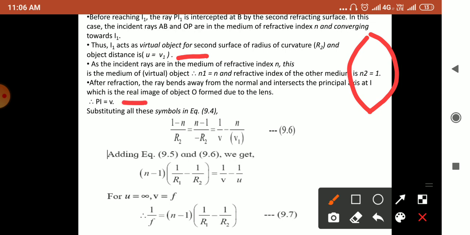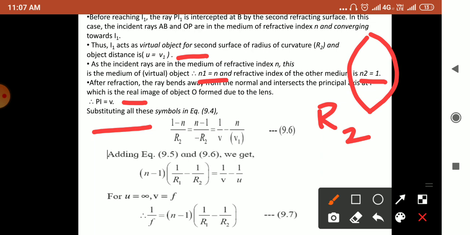So by substituting all these symbols, that is n1 equal to n, n2 equal to 1, then we get that equation in terms of radius of curvature for second spherical surface of the lens, that is radius of curvature becomes r2. Then it becomes (1 minus n) upon r2.